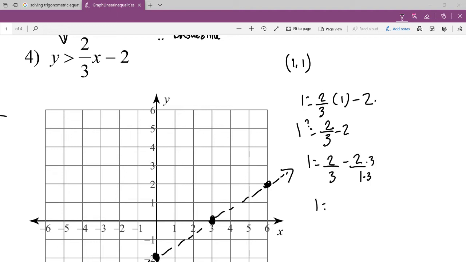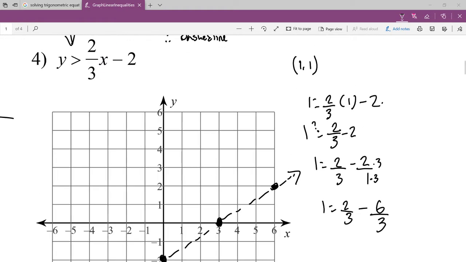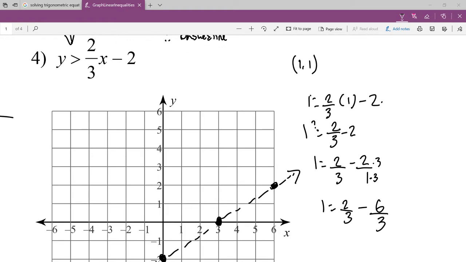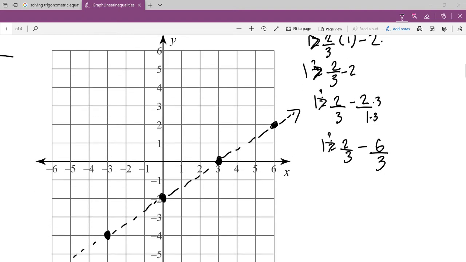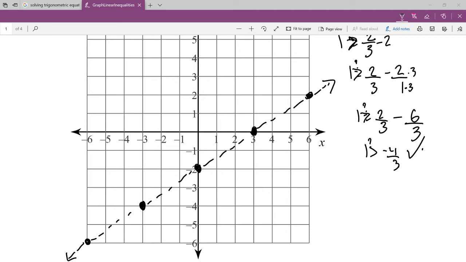Or my bad, we put greater than, not equal. So we say 2/3 minus 2, and we do a common denominator: 2/3 minus 6/3. Is 1 greater than negative 4/3? And that's a yes. So we go ahead and shade this entire area.